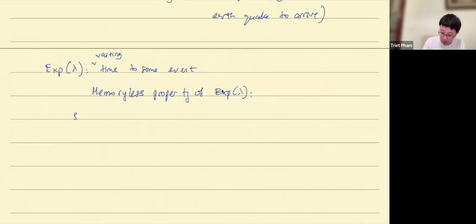So for some time s less than t, which is a fixed time, right? So they're not random. You want to calculate the probability that X is bigger than t, conditioned on X bigger than s.